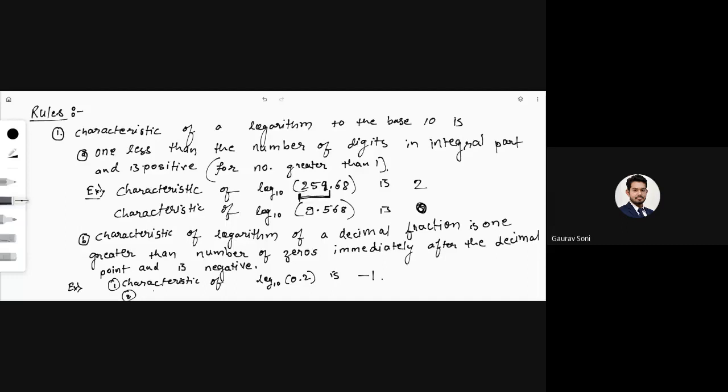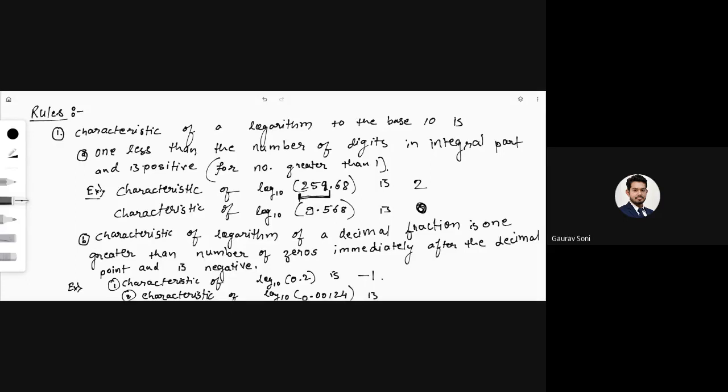Second one: characteristic of log to the base 10 of 0.00124.